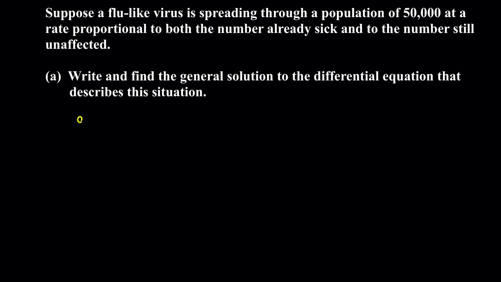So that's going to give us dP/dt is equal to kP times 1 over P minus 50,000 people. That's the differential equation.